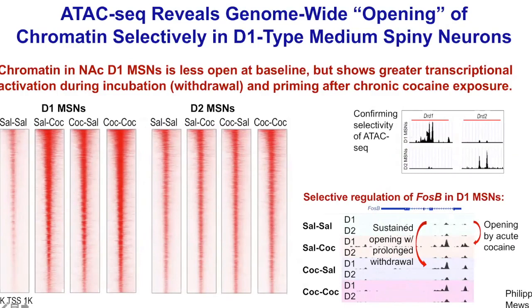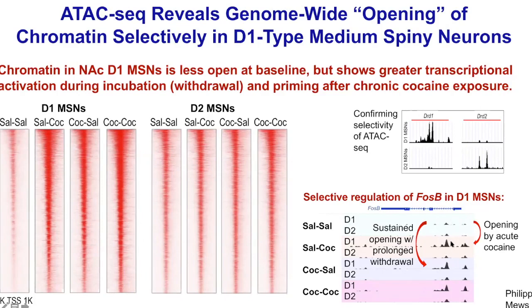One can validate the data. For example, the gene encoding the D1 receptor is open in D1 medium spiny neurons, not in D2 medium spiny neurons. The opposite is true for the D2 receptor gene. And now one has a data set encompassing the entire genome. One can ask, well, what does the phosphate gene, just as one example, look like? You can see that the phosphate gene is relatively closed under control conditions.